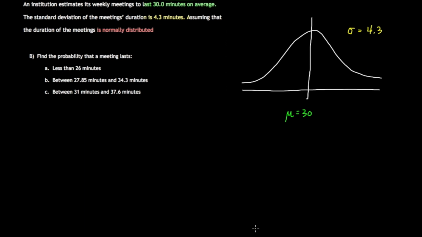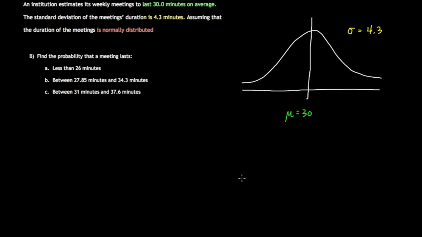Okay. Now before we do that, I just want to point out one thing. Like I said earlier, we're no longer finding z-scores. Now we're finding probabilities. And probabilities in the bell-shaped curve represent, as I mentioned earlier, areas under the curve. Okay? So what I mean by that is the following.